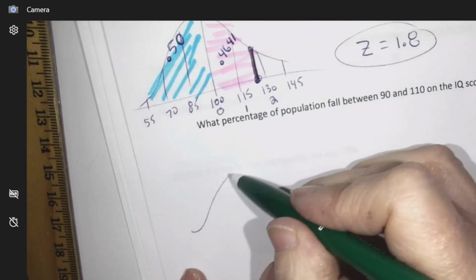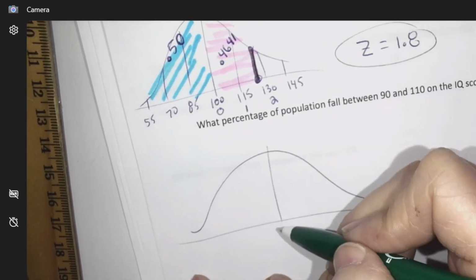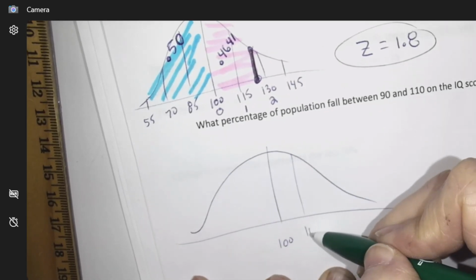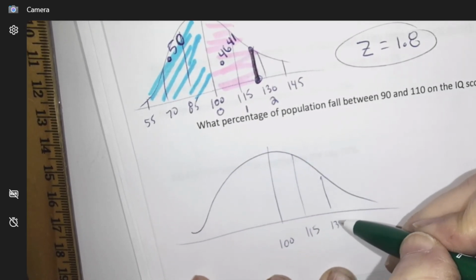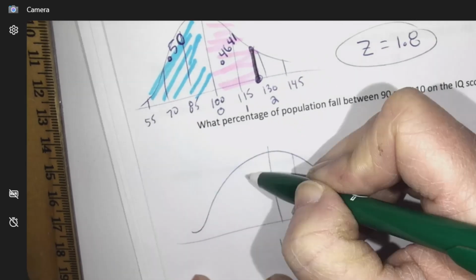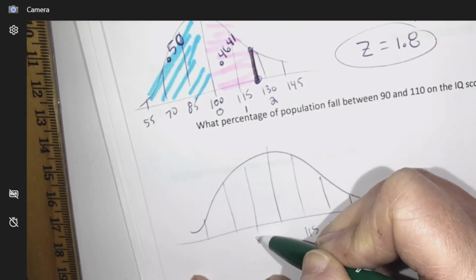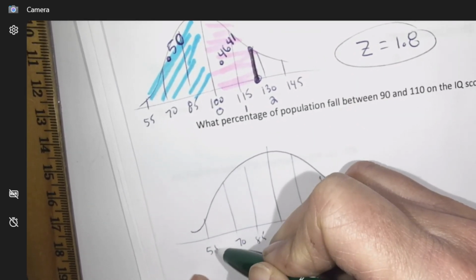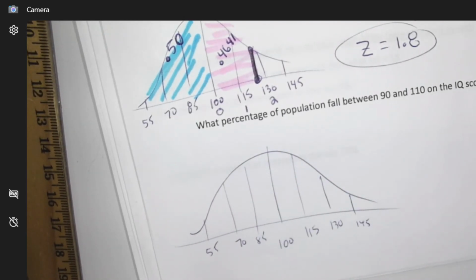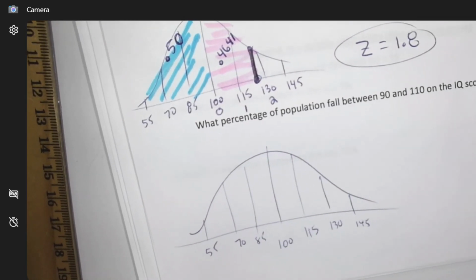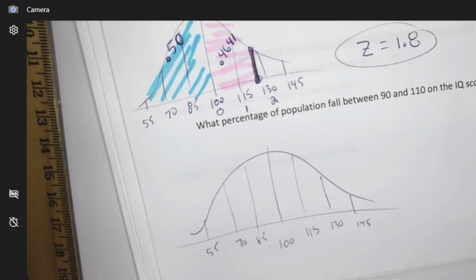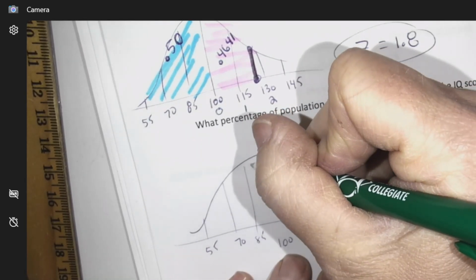Okay, so here's our curve. Same thing again. There's the 100 was in the middle. And then this question is saying, I want to know how many people, this percent, have scored between 90 and 110.